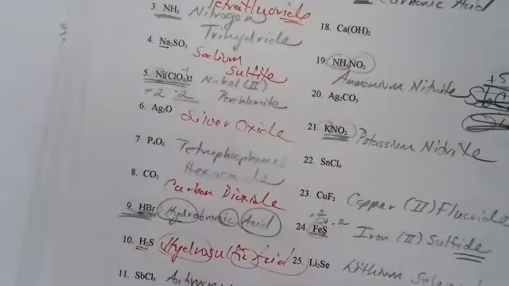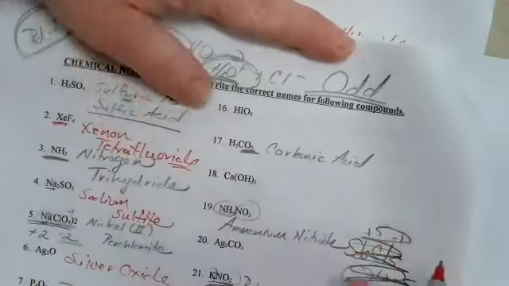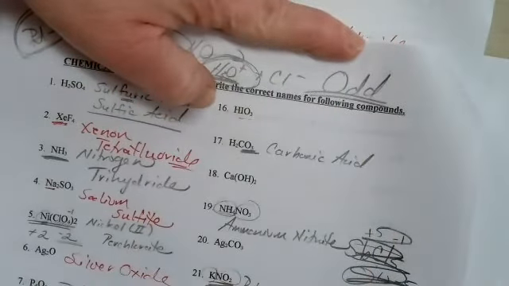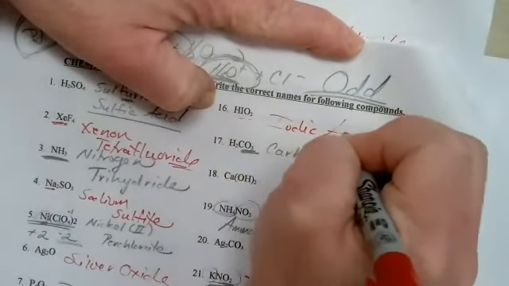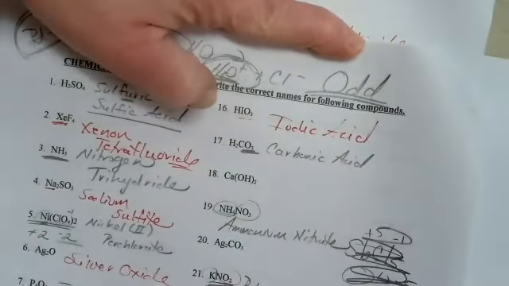All right. Excellent questions. Okay, so in the right column then, IO3 is iodate. We know that ate goes to ic, so this is iodic acid. No prefix of hydro because of the polyatomic ion.